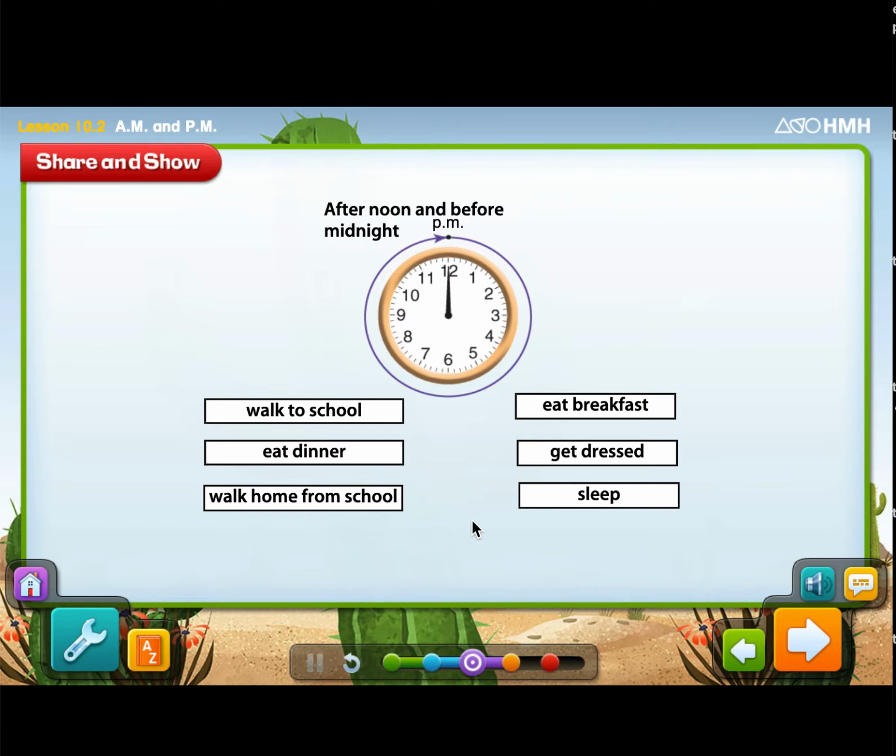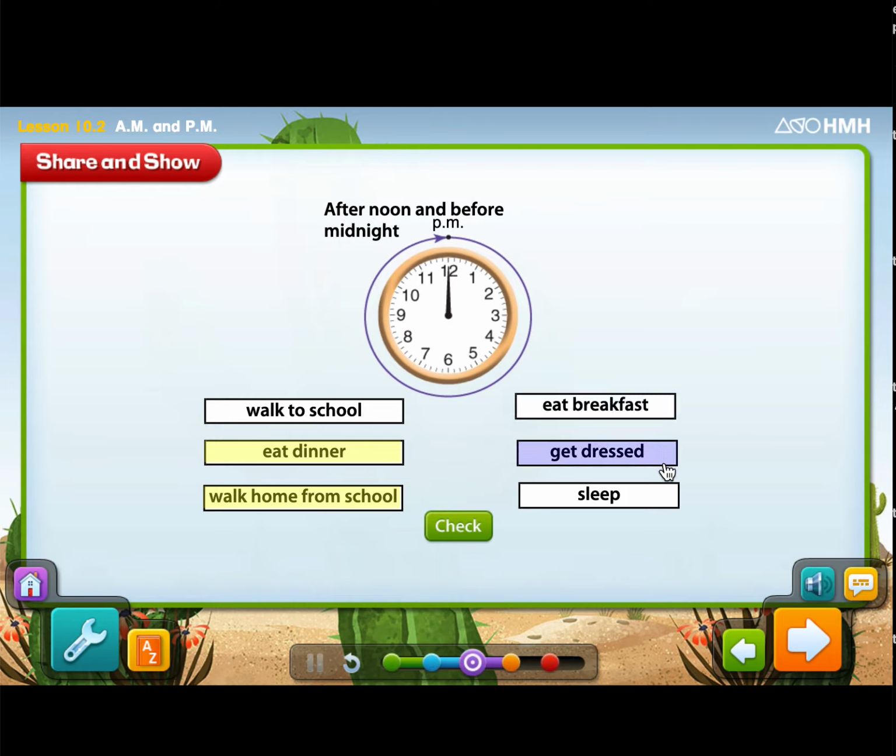So let's think, what do we do in the PM? We don't walk to school in the afternoon, but we eat dinner before midnight. We would walk home from school in the afternoon. We wouldn't eat breakfast unless your parents made breakfast for dinner or you were going to dinner at Waffle House.